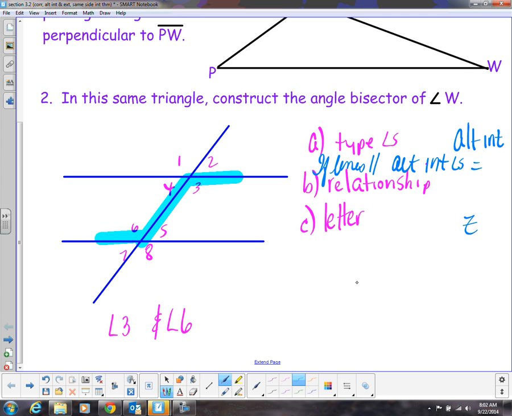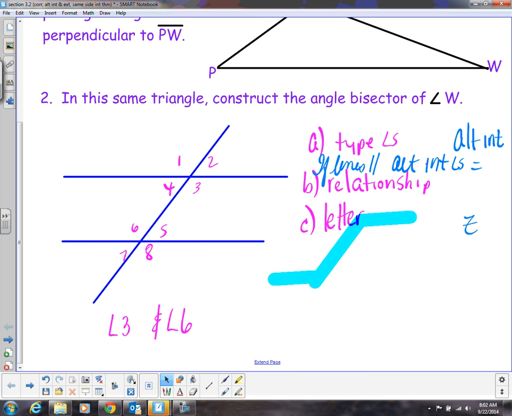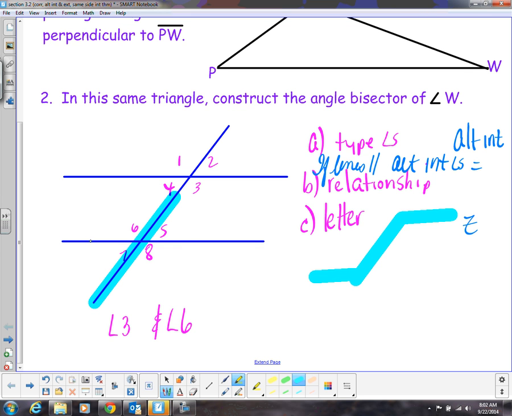So the 4 on your foldable, you need to know. If I were to trace 6 and 8, what letter is formed? An X. So X's form what kind of angles?